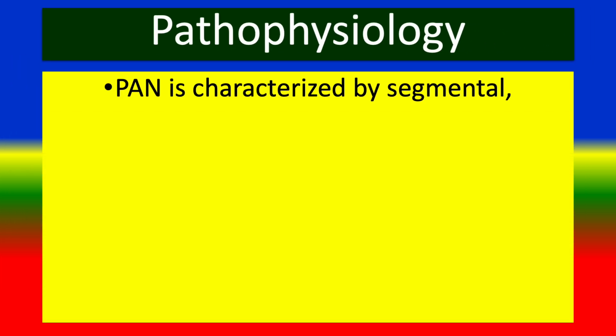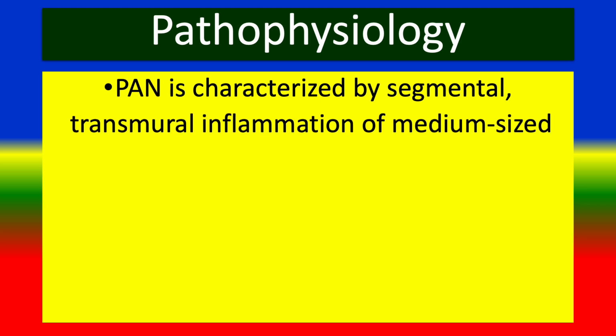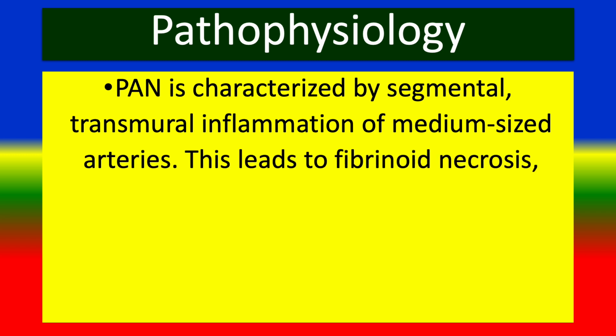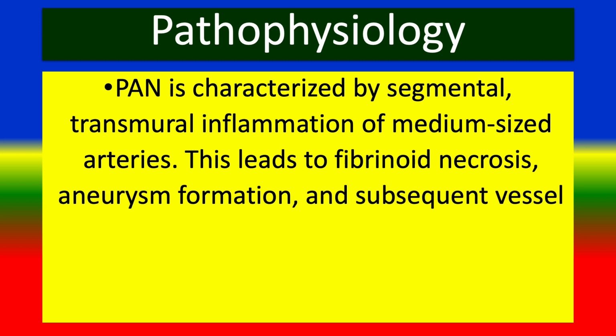Pathophysiology. PAN is characterized by segmental transmural inflammation of medium sized arteries. This leads to fibrinoid necrosis, aneurysm formation, and subsequent vessel occlusion.